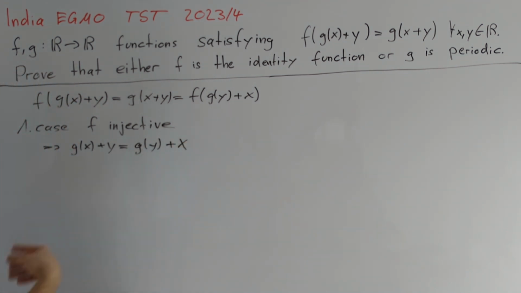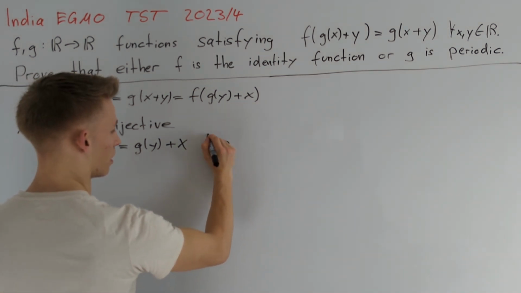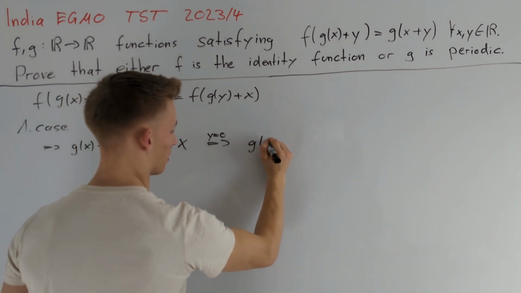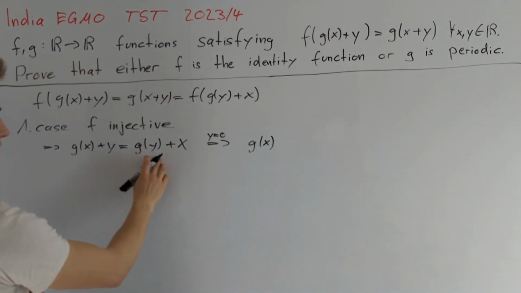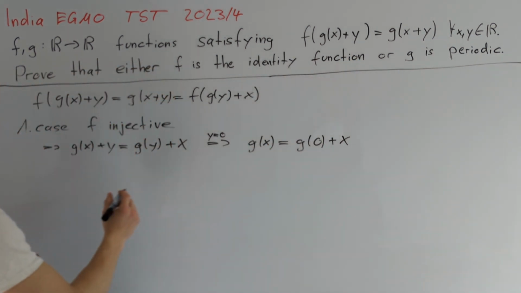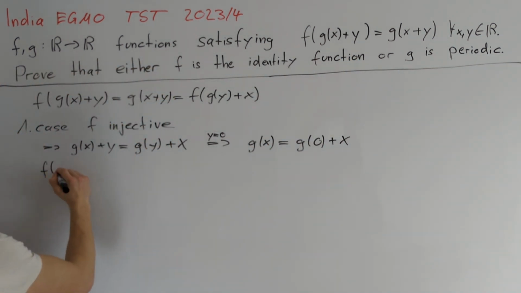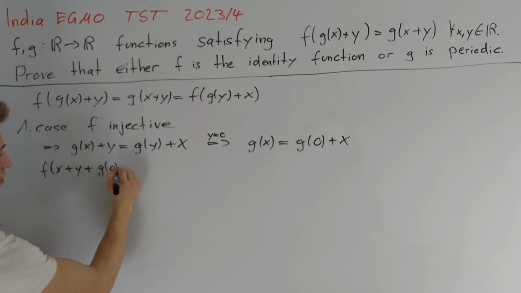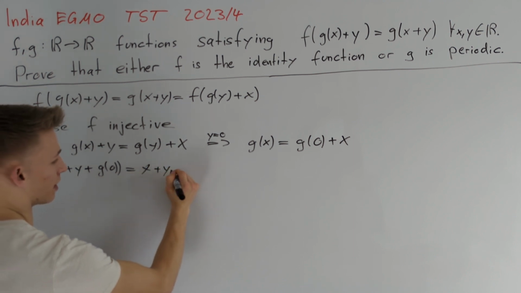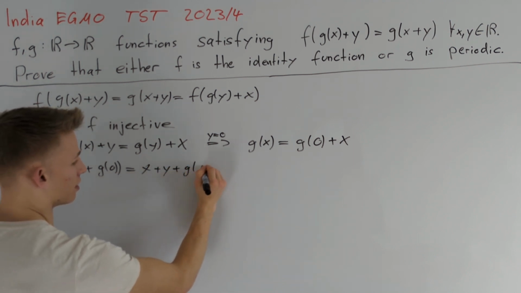And now, in order to find a term for g of x, it's a good idea to plug in y equals 0 to conclude that g of x is equal to g of 0 plus x. We plug this into our functional equation to get that f of x plus y plus g of 0 is equal to x plus y plus g of 0.